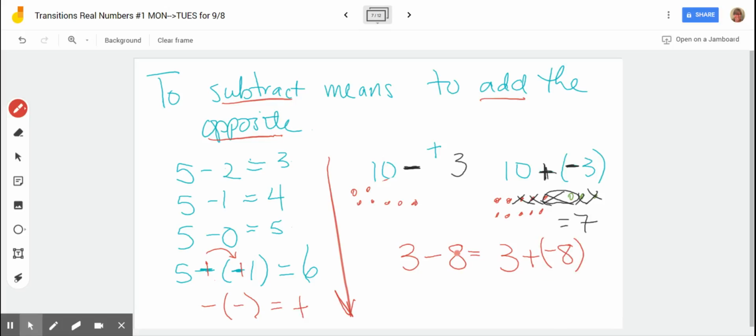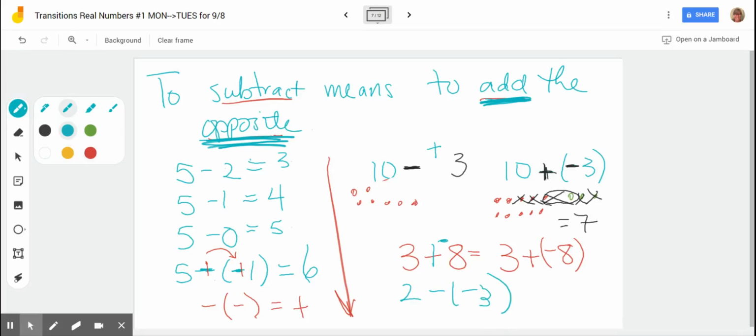Add the opposite. I always make my kids do this when they're in class with me. Say a word for add, make a mark for add rather, make a mark for opposite. So if you had 2 minus negative 3, make a mark for add, make a mark for opposite. Add the opposite. Now it's 2 plus 3, which is 5. All right. Hopefully you got that.